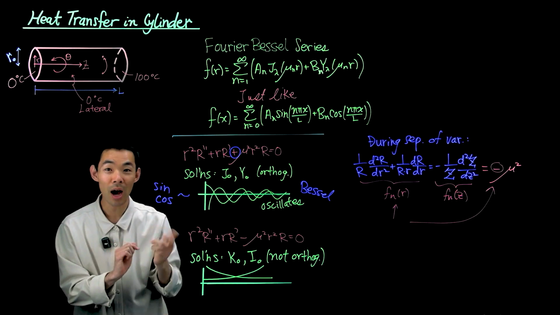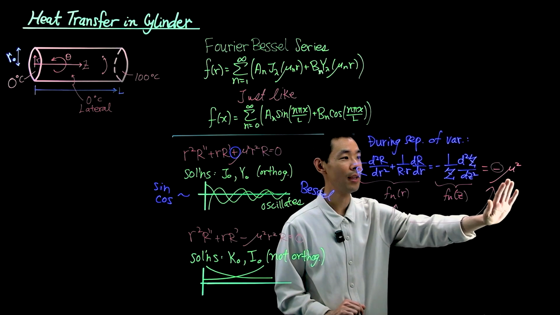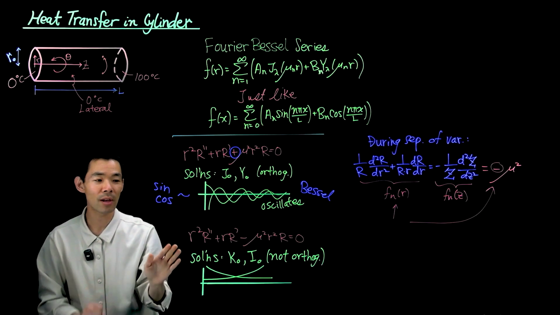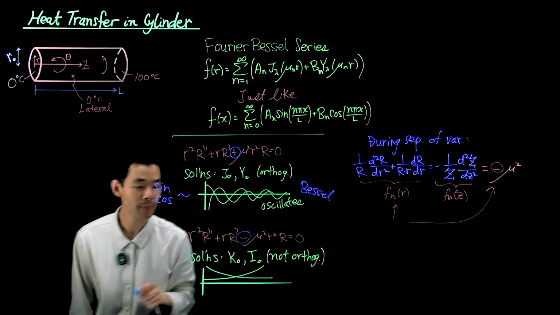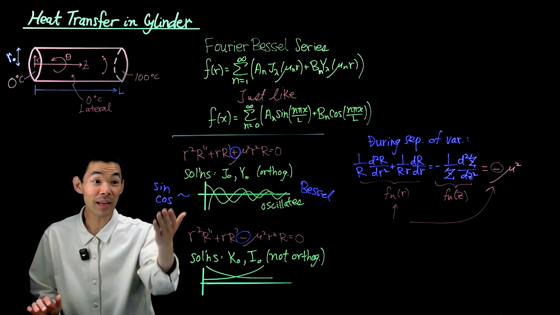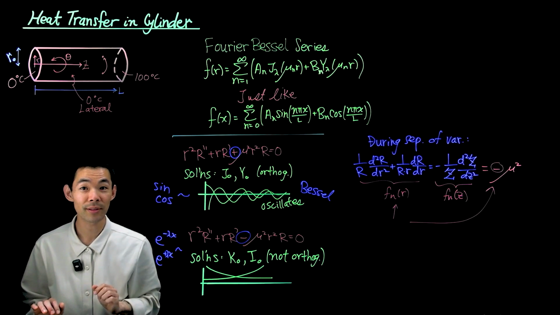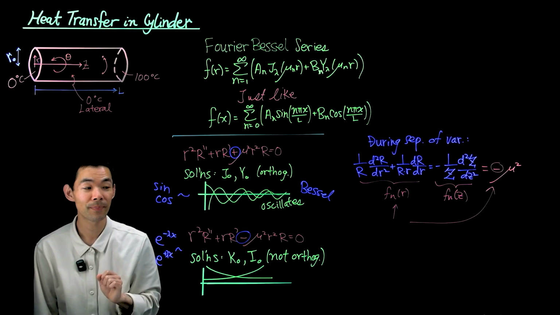Now, the opposite, if you were to come here and make this a positive sign, then when you split the variables and solve your R ODE, you would have a negative sign here, which actually completely changes the solution. Just like how it did with exponentials in sinh and cosh. Completely changed with one sign difference.